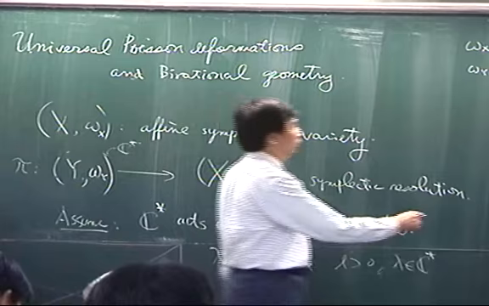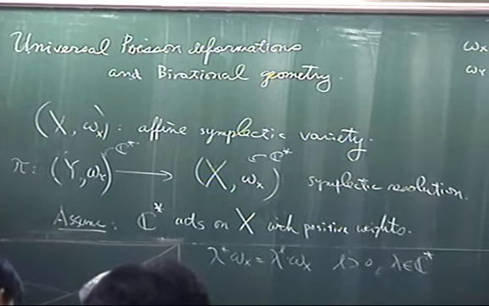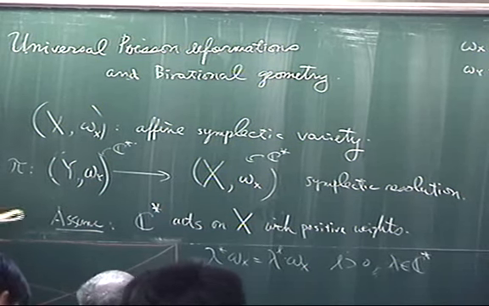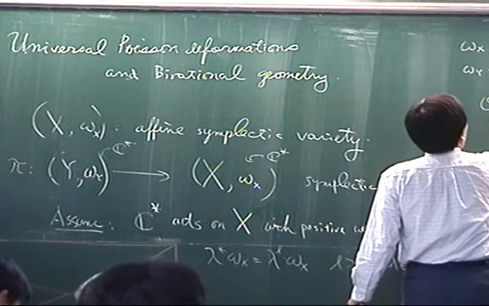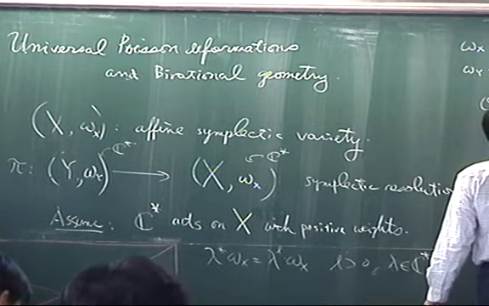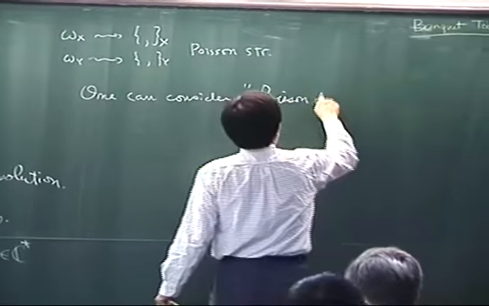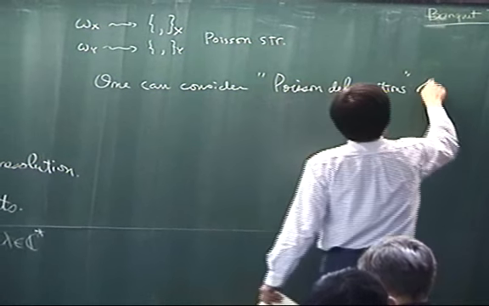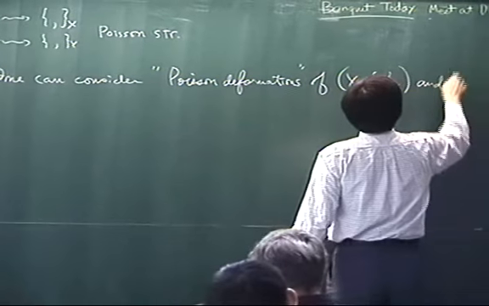So now we can consider their Poisson deformations. The topic of this talk is just the Poisson deformations of such things. So one can consider Poisson deformations of X and Y.